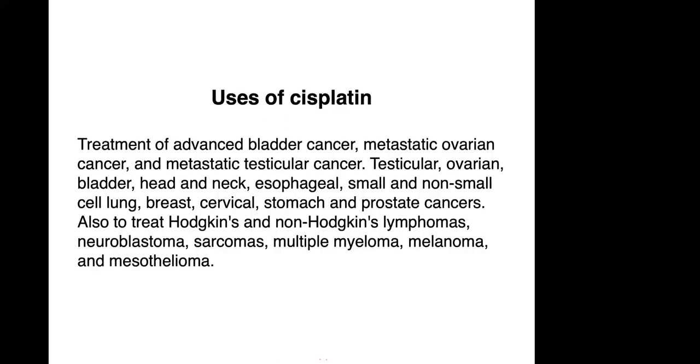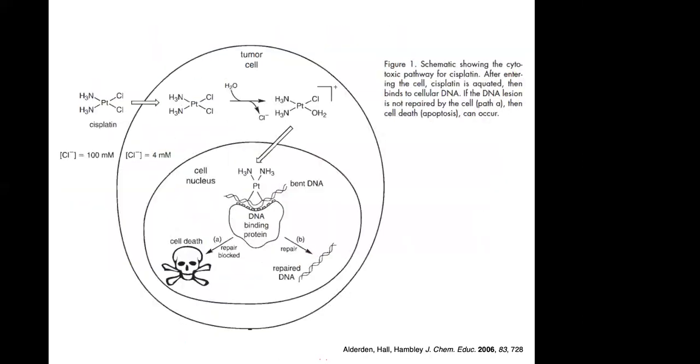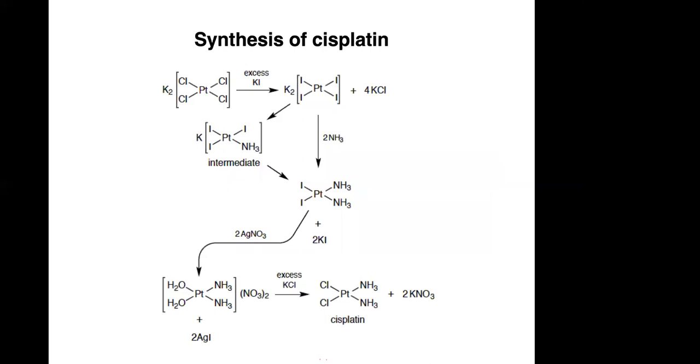I had a question on the synthesis of cisplatin stage. Sure. So in the step where we're replacing iodines with water, why is it the iodine that gets substituted and not the NH3? Yeah, so silver iodide will precipitate.